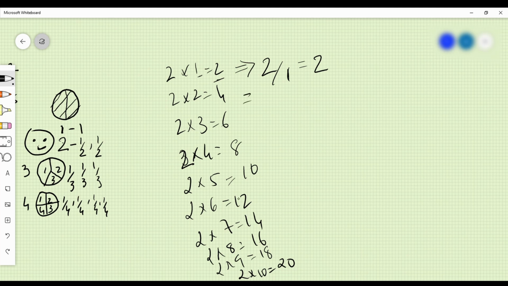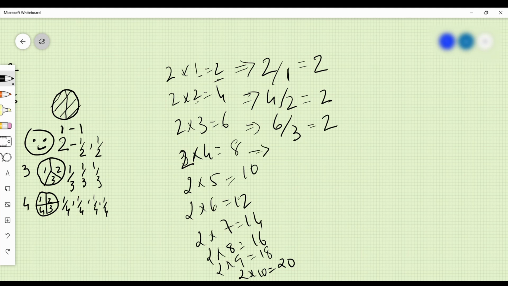Now if I say let's divide this 4 into 2 pieces, so what do I get? 2. Here if I say divide this 6 into 3 pieces, so what I get? Again 2.